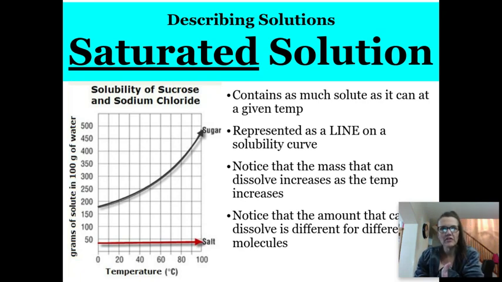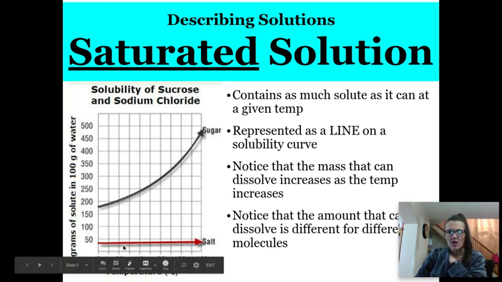If you heat a solution, as it gets warmer, you can dissolve more solid, which you can see in this curve, especially for the sugar. As the temperature goes up, the amount of sugar that can be dissolved also increases. The same thing happens for salt, although it's a very, very small change.